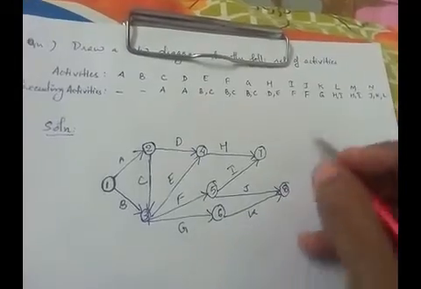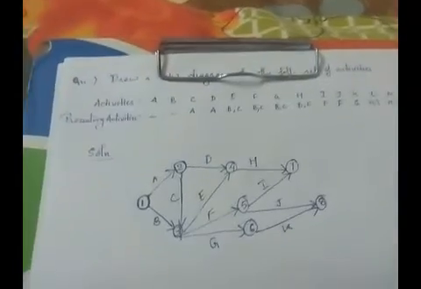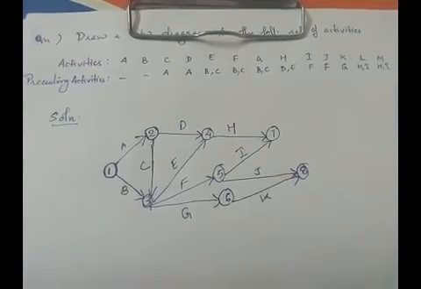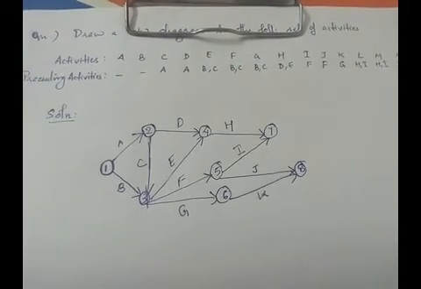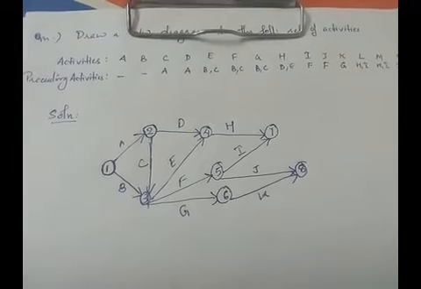Now what's the case for L? In the case of L, the preceding activities of L are H and I. That means L should start from the event where H and I ended. That is, it should start from 7.